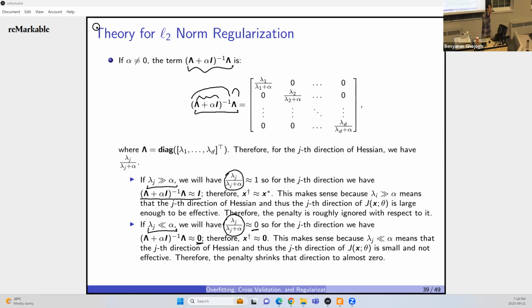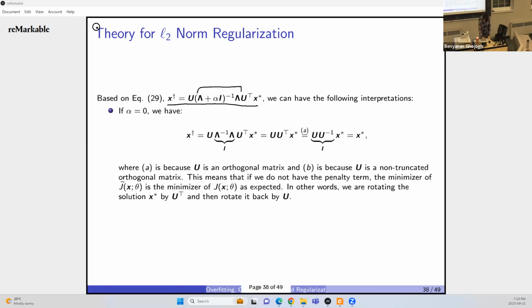So when lambda j is much greater than alpha, it means that direction is very important for me, because that's the eigenvalue of the Hessian of the actual cost. That direction is important for me. Then in this case, ignore the regularization term, because lambda j over lambda j plus alpha is almost 1, right? And if you set 1 here, it becomes U transpose X star.